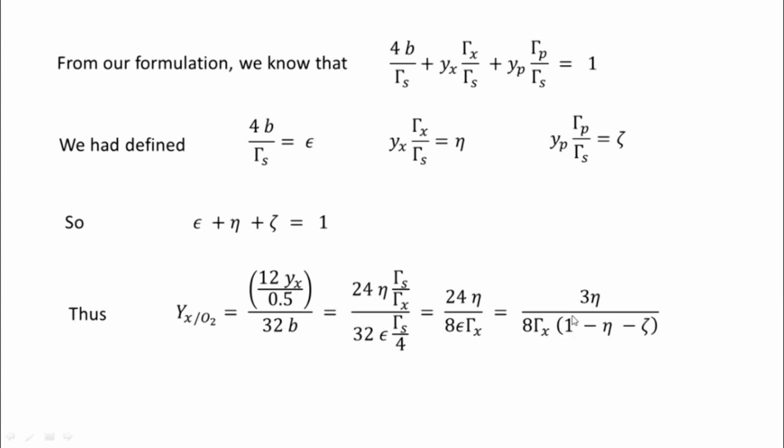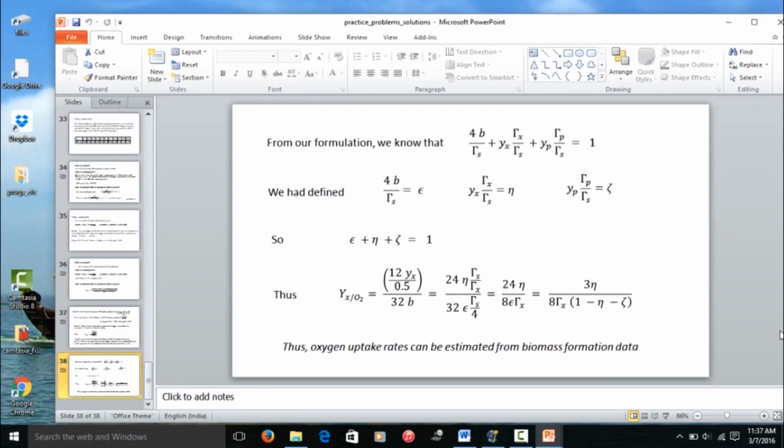Therefore, epsilon has been written as 1 minus eta minus xi. The 8 is superfluous here, so let's get rid of the 8. 8 goes in 24 3 times, so 3 eta divided by gamma X times 1 minus eta minus xi. Let's do that right away so that there is no confusion.